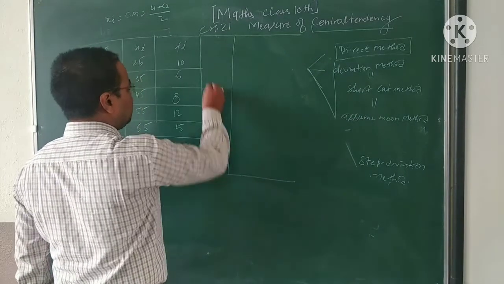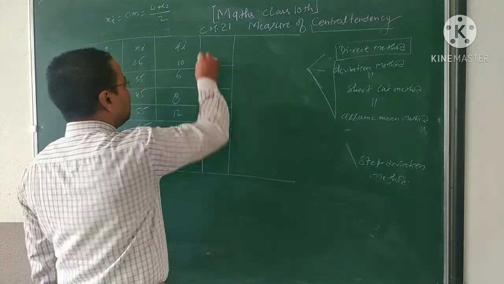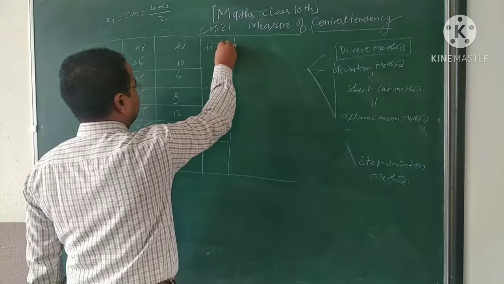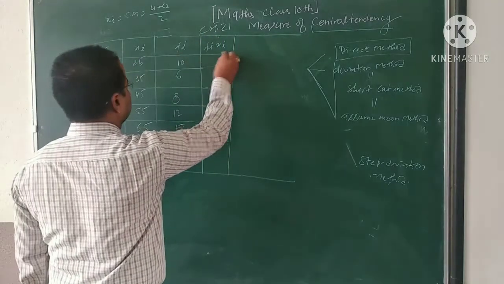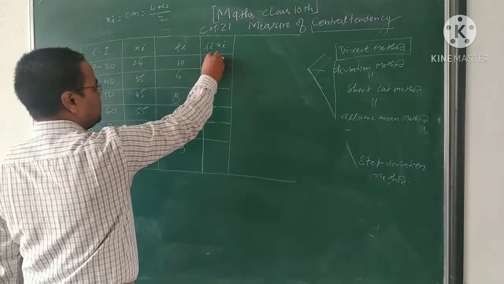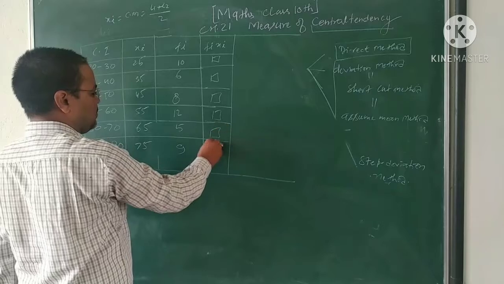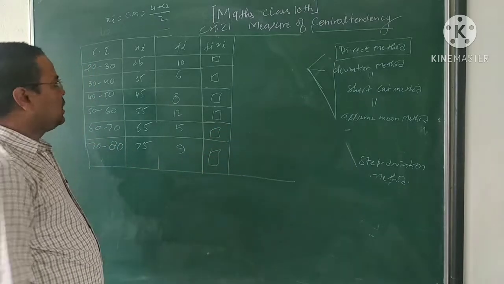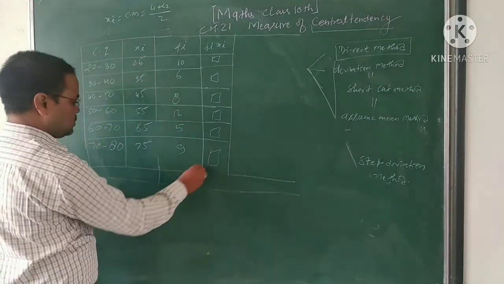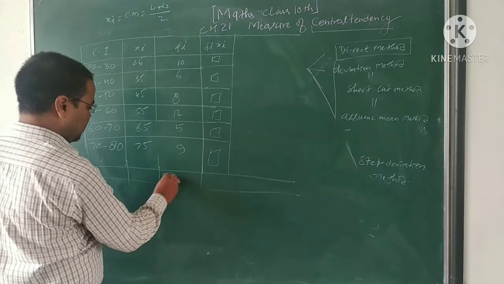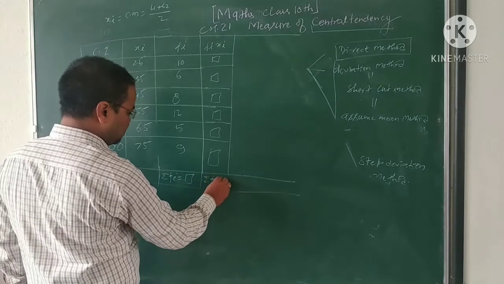Okay, now if we want to find the mean of this data using the direct method, then in that case we just make a column for fi xi, and we multiply these and get everything here. After multiplication, we write this. Then we find the totals, sigma fi and sigma fi xi.